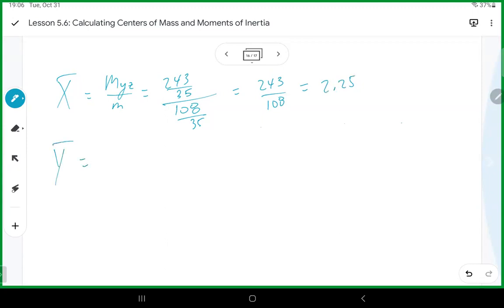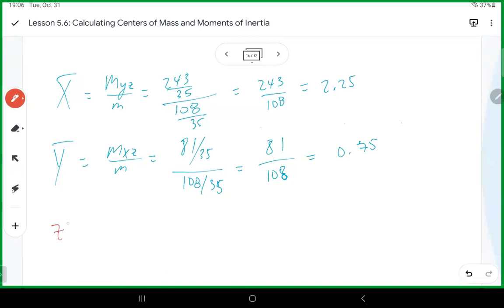Y bar is 81 over 35 divided by 108 over 35, which is just 81 over 108, which is 0.75.